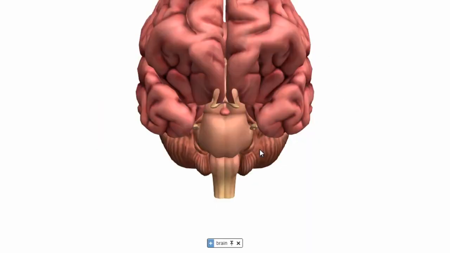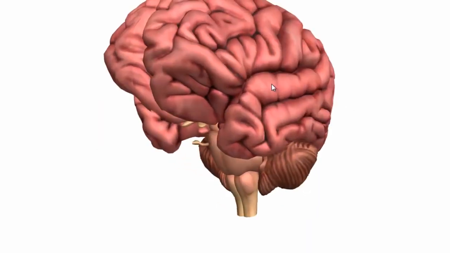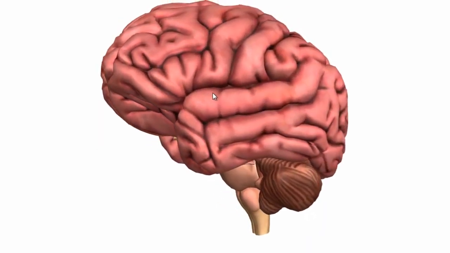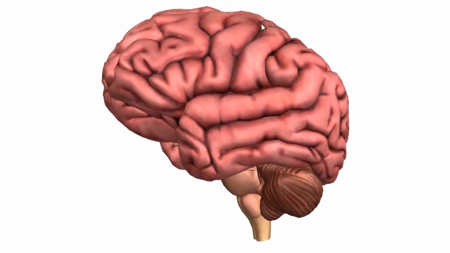Just looking at the outside of this cerebral hemisphere, you can see that there are these grooves and ridges. The ridges are called gyri, and the grooves are called sulci. And you've got lots of these different grooves and ridges, as you can see, and they all have different names. But 2 important ones to remember are the central sulcus, which I'm showing you here with the arrow, and the lateral sulcus.